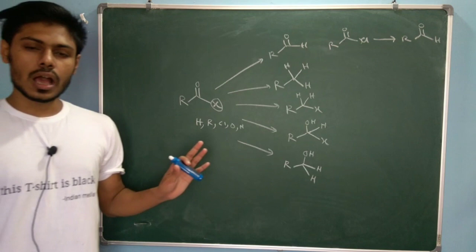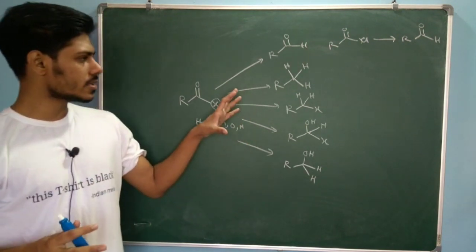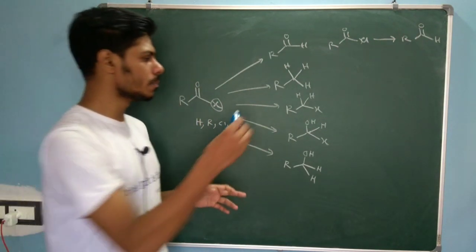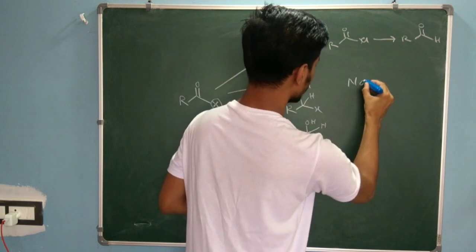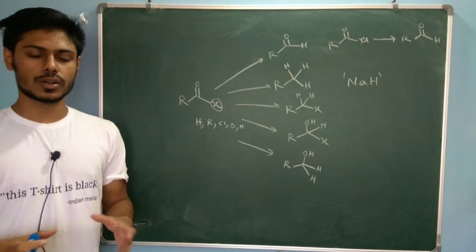Now let us see what is the reducing agent which is used for this reaction. So as we are adding hydride in all these reactions, you may think that simple sodium hydride can do the job, right? So we know sodium hydride is the simplest hydride and it can do the job.